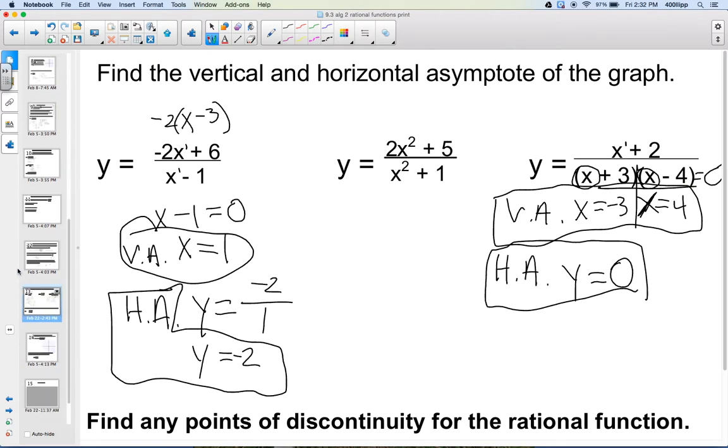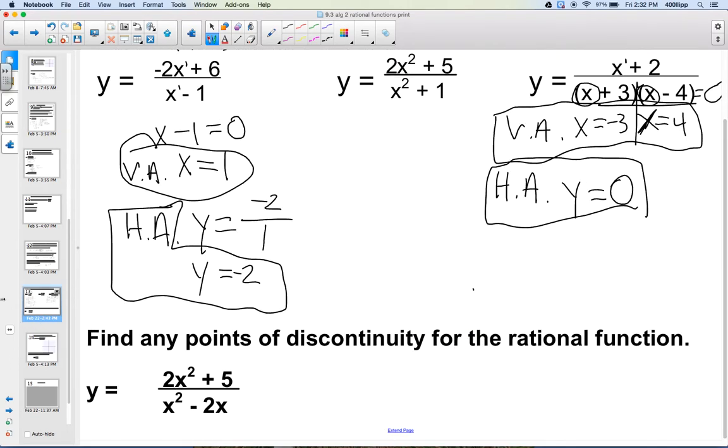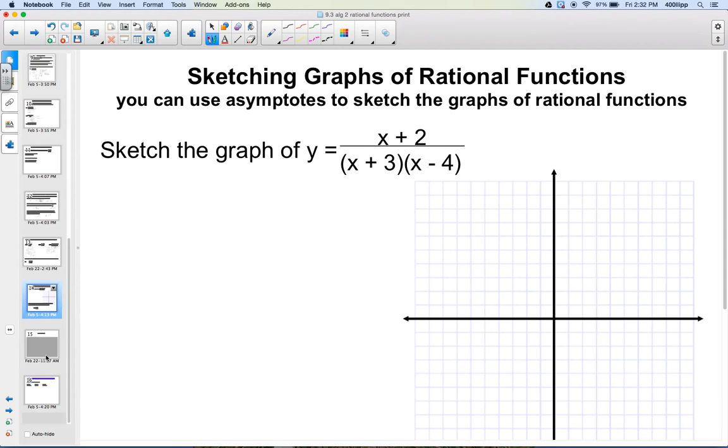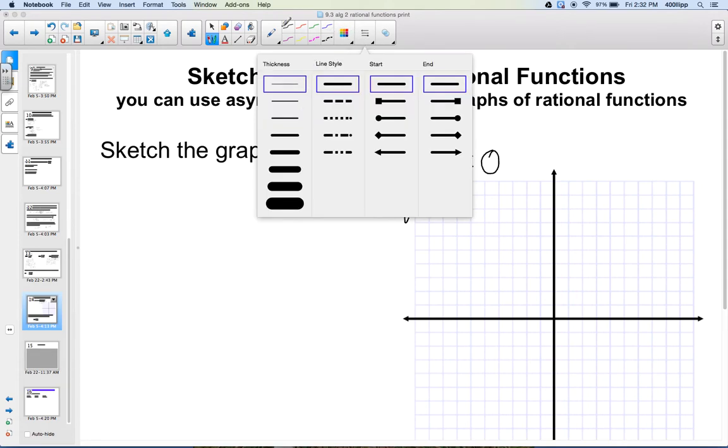All right, so now we can actually sketch this. We said the vertical asymptotes here are -3 and 4, so we can go ahead and sketch those.